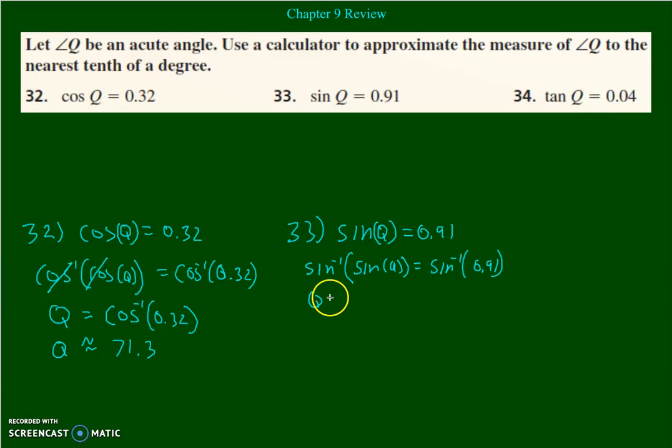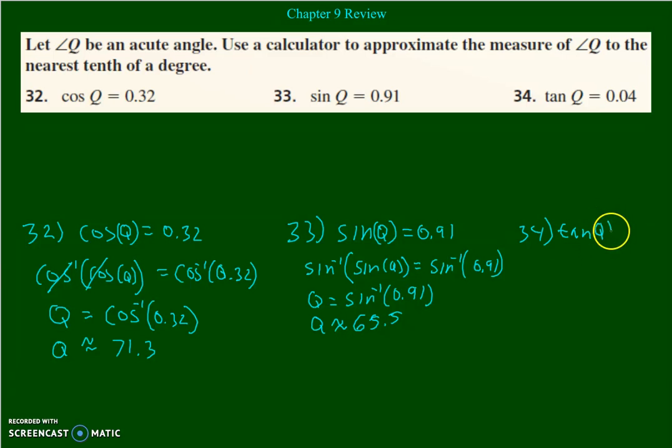Therefore, Q equals arc sine of 0.91. Q is approximately 65.5. And then for 34, we're doing the same thing with tangent.